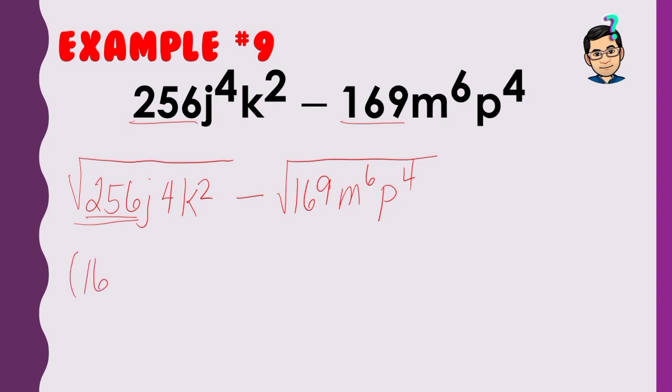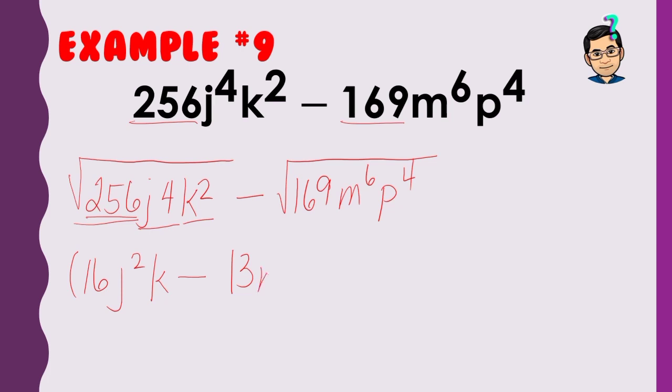Next, j to the 4th power. That is j squared. What about k squared? K. Minus, the square root of 169 is 13. 13 times 13 is 169. And then m to the 6th power, so ilang 2 ang pwedeng kunin sa 6? Tatlo.